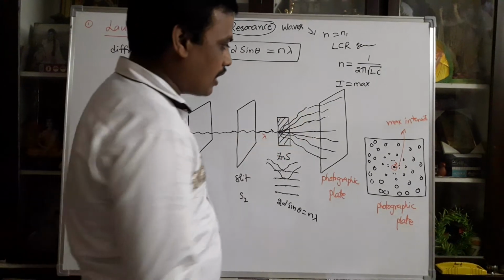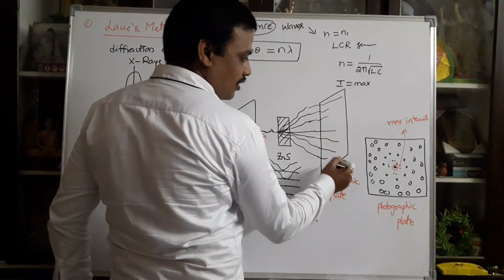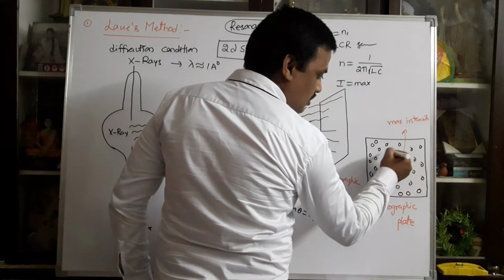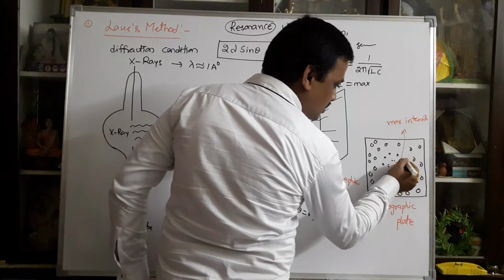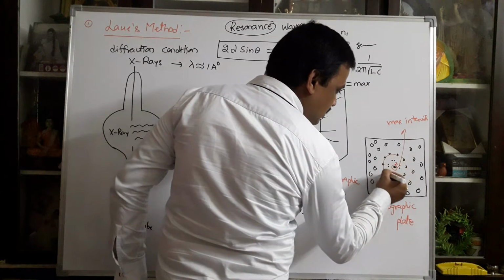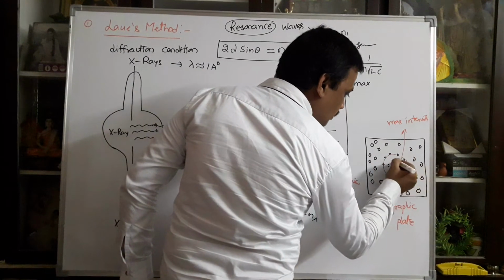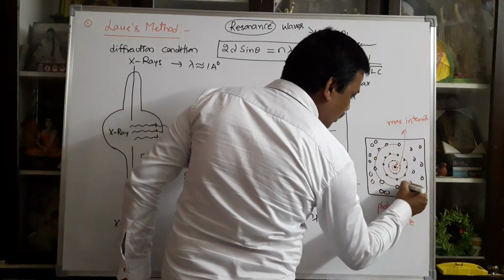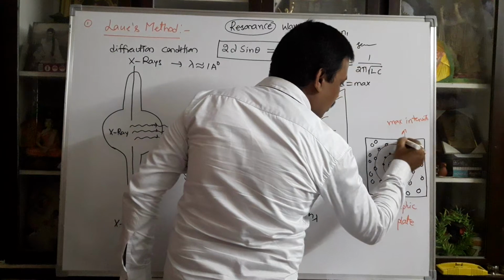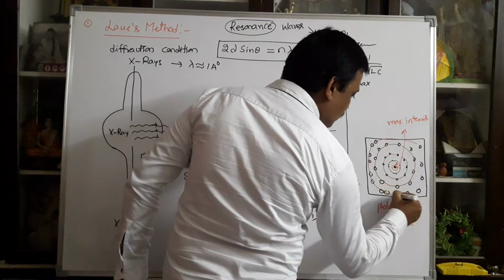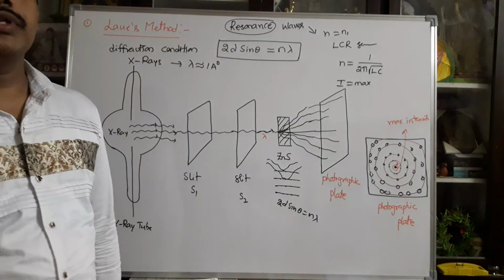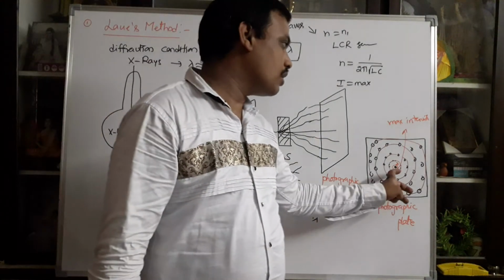Suppose the crystal produces a diffraction pattern. The diffracted X-rays are collected on the photographic plate. The spots exist as circular spots, and all the fringes combined like this create circular fringes around the central spot.